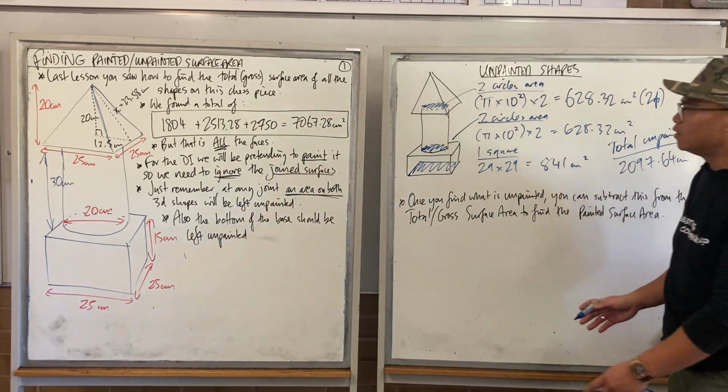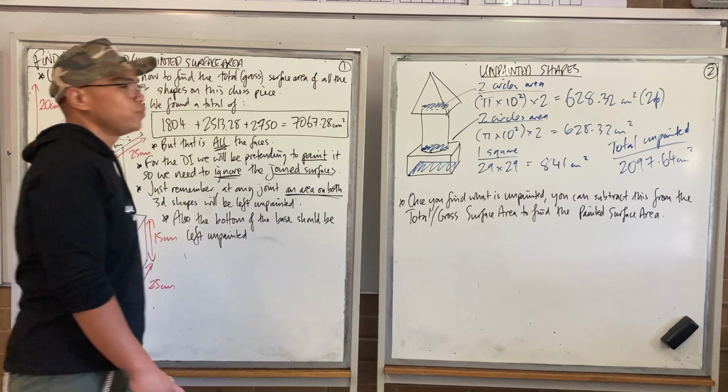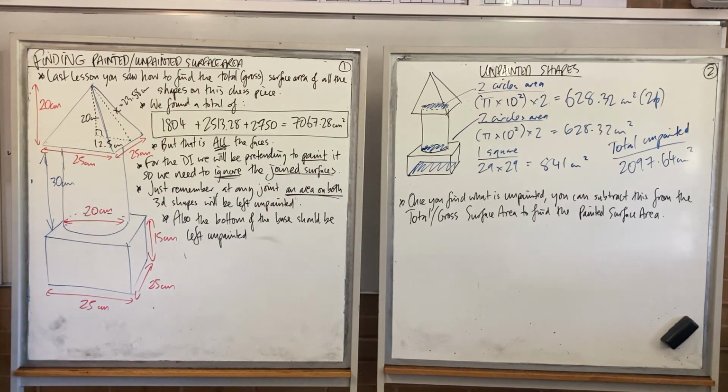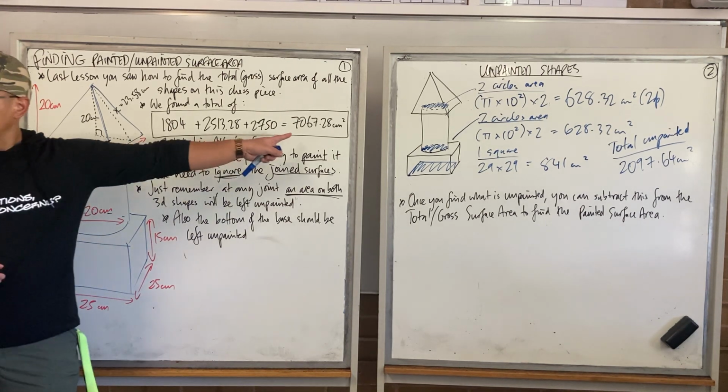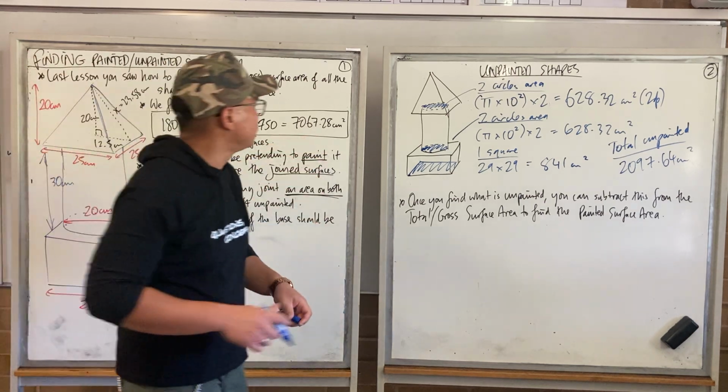So where on these boards do I have the full-on surface area? Is it on this somewhere? Where have I found the overall surface area as if I was painting everything? Here? This one here? 7067.28.